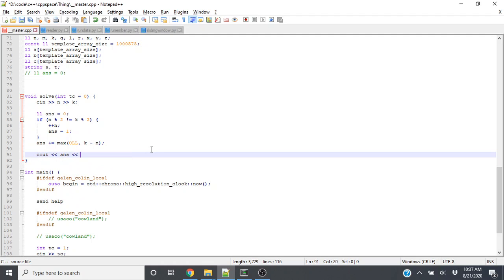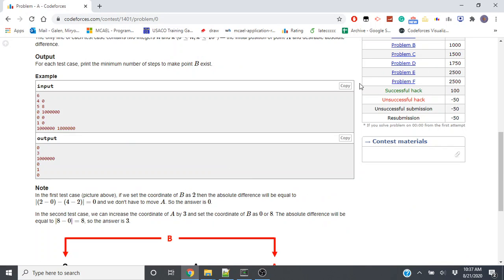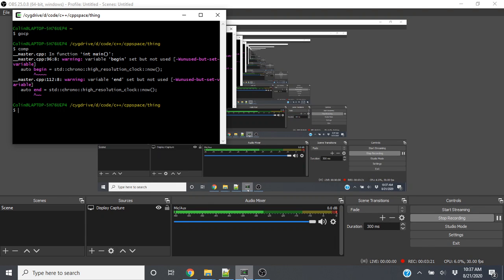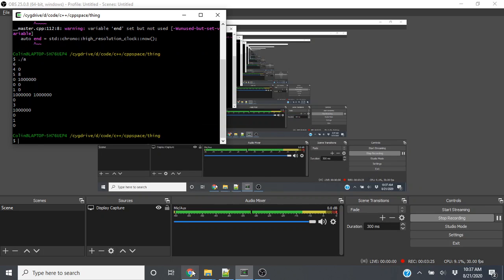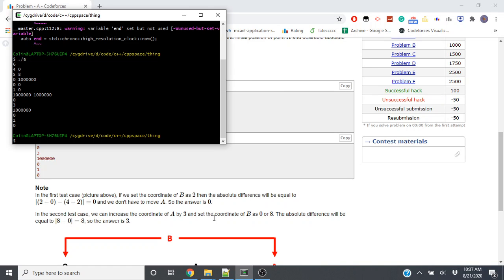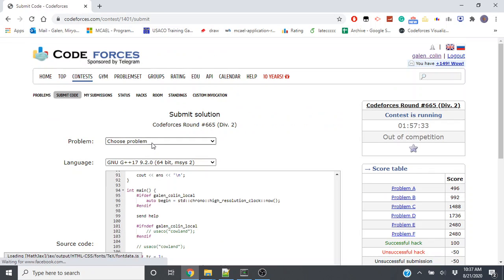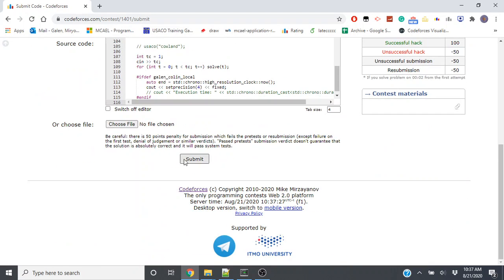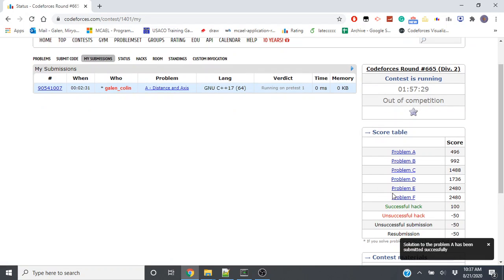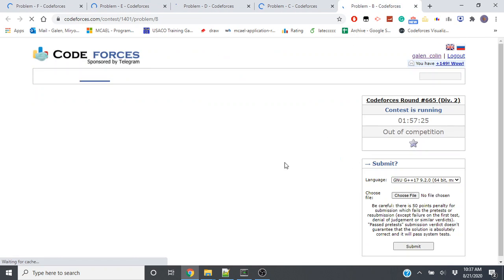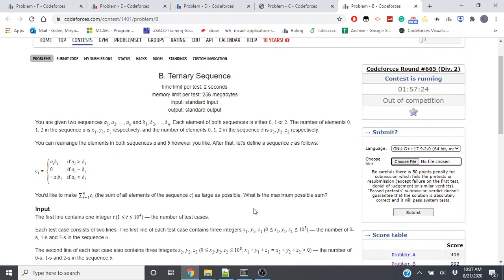Let me just print it. Test it in OBS. 0, 3, a million, 0, and 0. Okay, perfect. Open the rest of these. Oh, that was quick. Good that there are no queue issues.